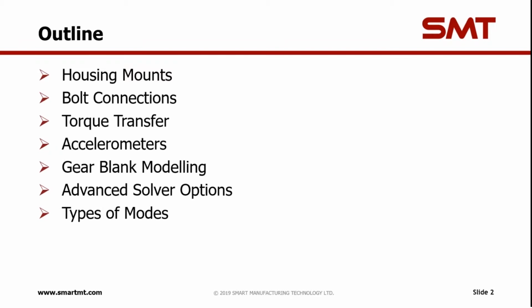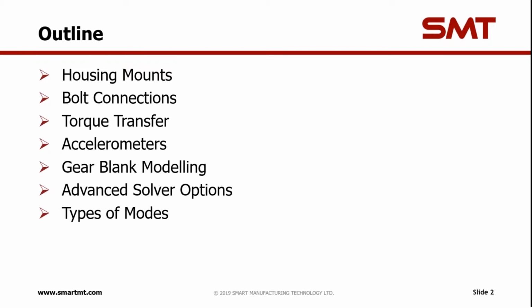Then we'll go on to bolt connections, so how parts of FE are joined together. A topic that frustrates a few people is torque transfer. This is when we bring in an FE model and it's not really working correctly how we expect. So I'll be giving a few hints and tips about how we can solve those problems.